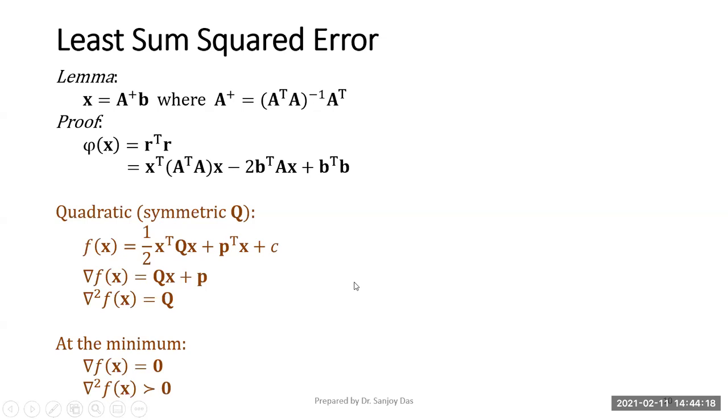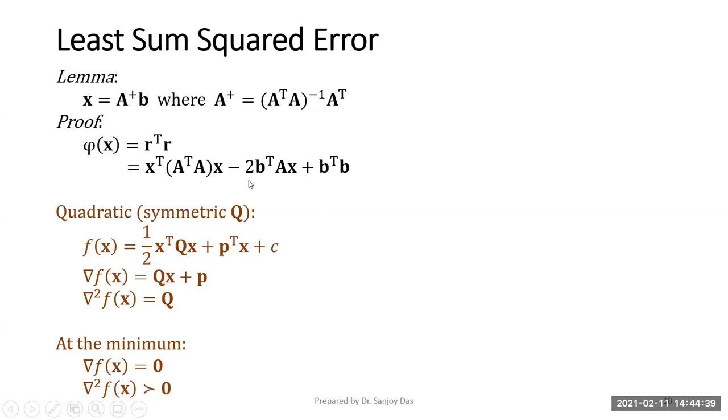Okay? So this is how we minimize a quadratic function. This is the first derivative. We have to show that the first derivative is equal to 0, and then the second derivative is positive definite. These are the two things we have to show.